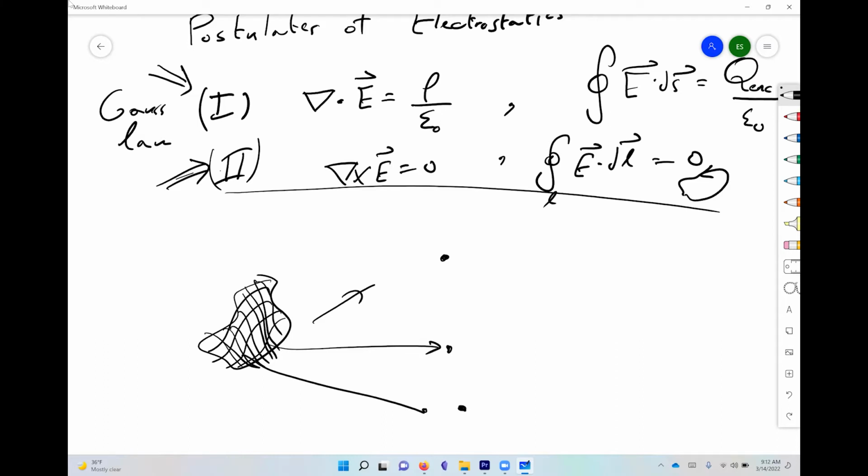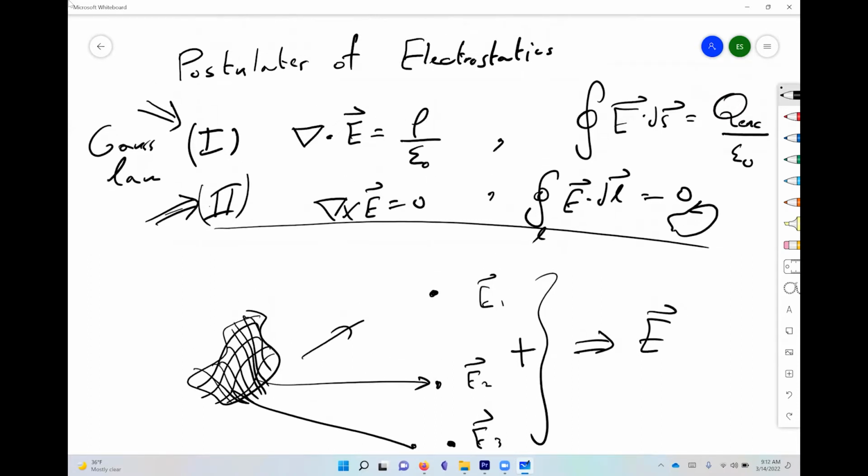And then we calculate the field for every point using Coulomb's law, and then we sum everything up to get the total field. Of course, E1, E2, E3, whatever. So this is the only method we have to calculate the electrical field.